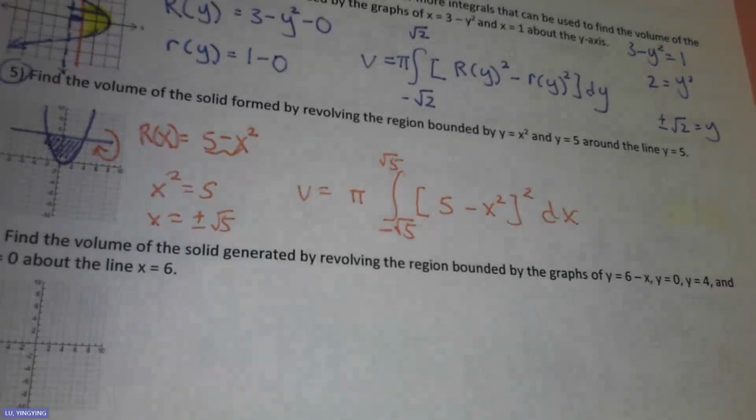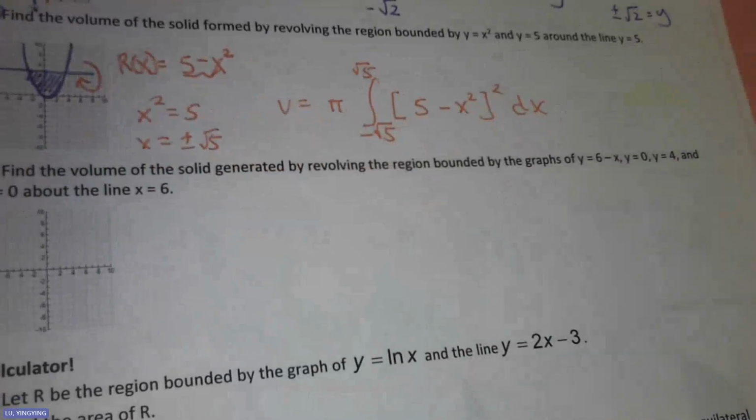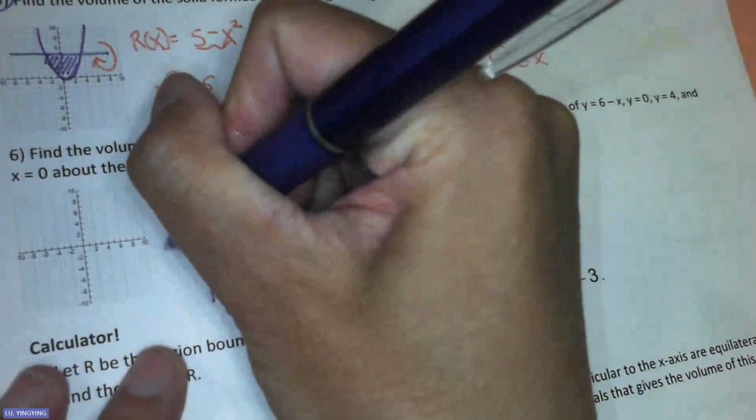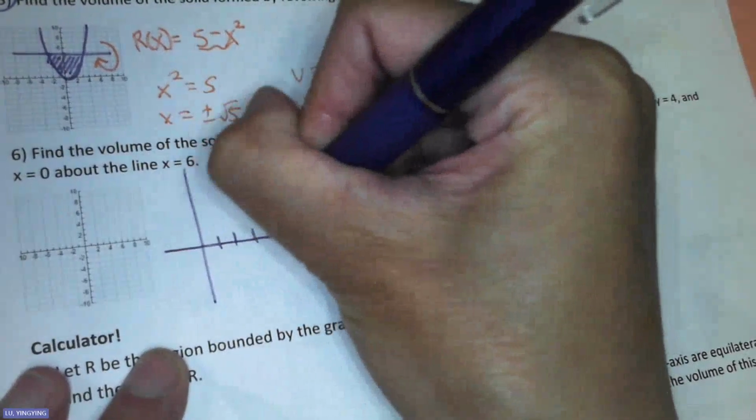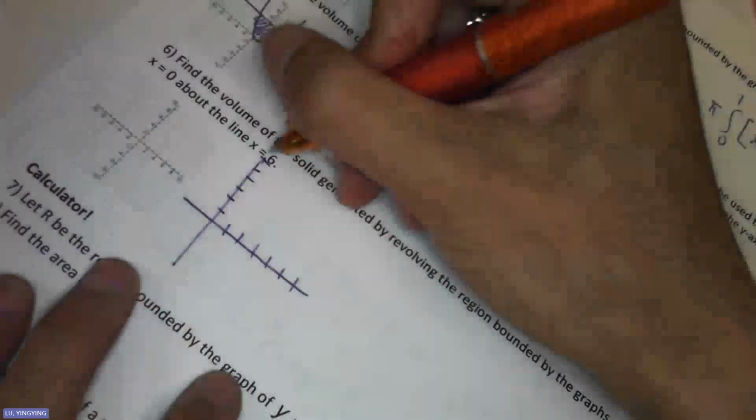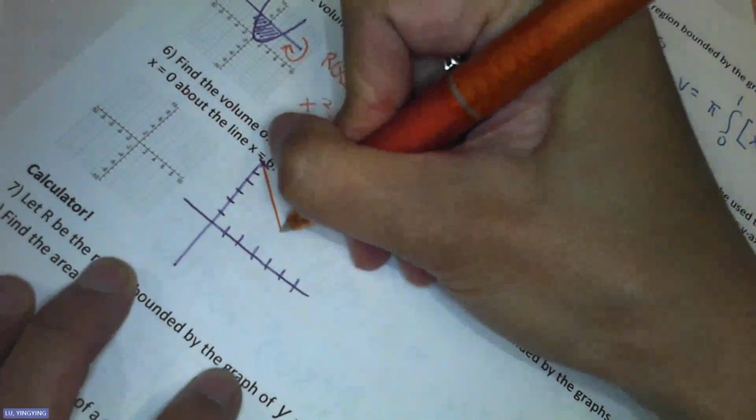All right, number 6, find the volume of the solid generated by... try to draw this. I'm going to draw a little bit bigger because I can't even read the grid. 1, 2, 3, 4, 5, 6. 6 minus x is a line going this way, right there.